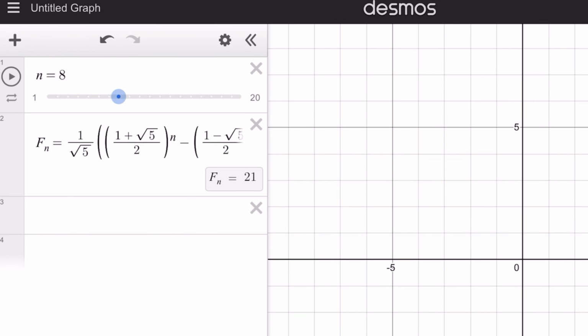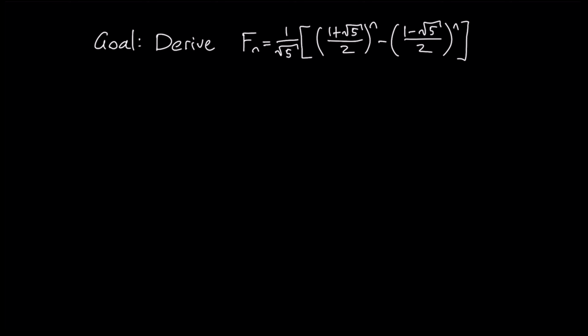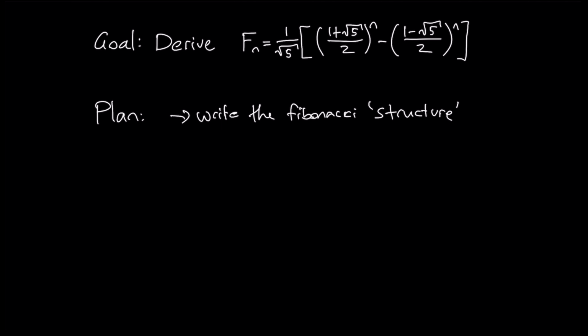Let's get into it. So the goal of this video is to derive this equation. The way we're going to go about that is we're going to write the Fibonacci structure, that is the inherent structure, the meaning of the Fibonacci sequence, as a matrix equation.